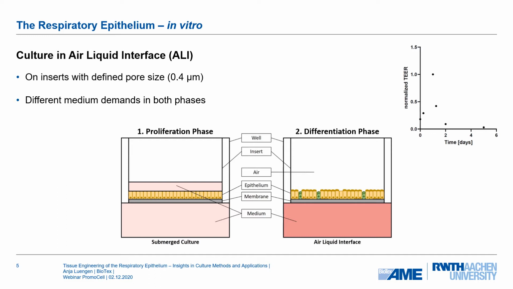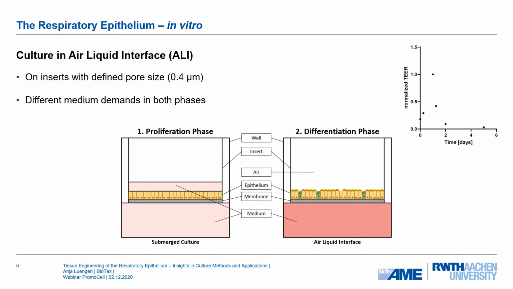Therefore, the duration of the proliferation phase varies between different labs and different protocols, as it is also dependent on cell source and seeding density. The epithelial barrier formation can be monitored by measuring the transepithelial electrical resistance, or TEER. After an initial peak, the TEER decreases and remains constant.